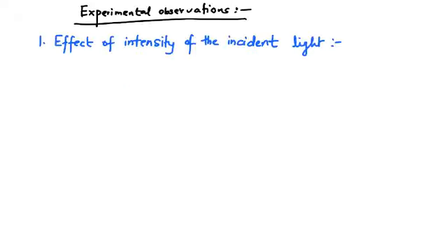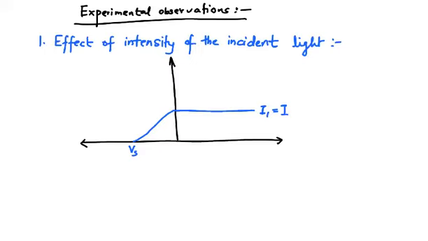Now let's look at some experimental observations. Let's first look at the effect of intensity of the incident light. If this is the plot for current versus retarding potential for one intensity of light, and we now double the intensity of the incident light, the current in the circuit increases, but the stopping potential remains the same.